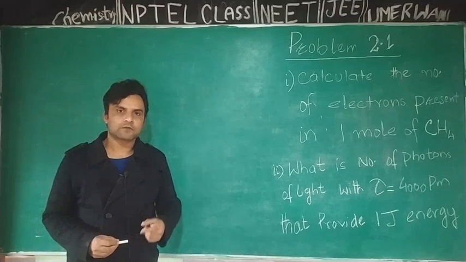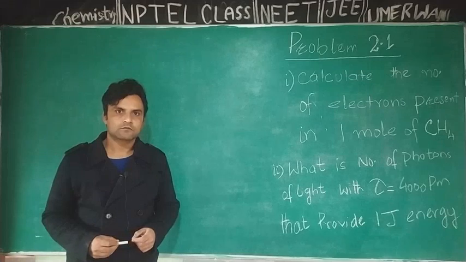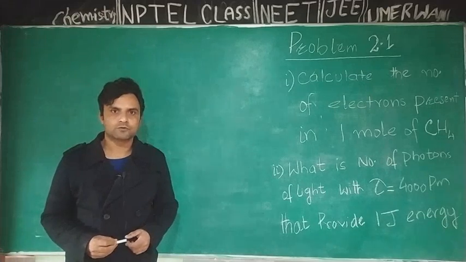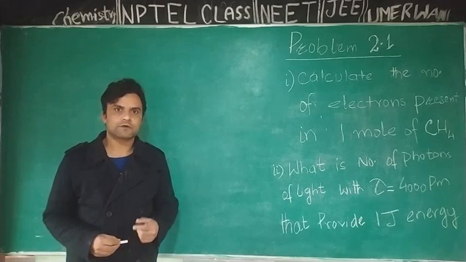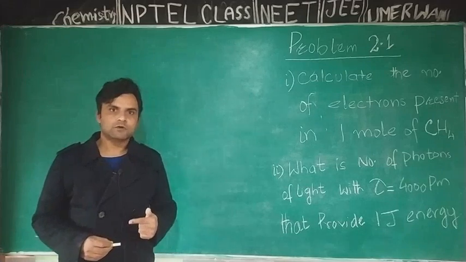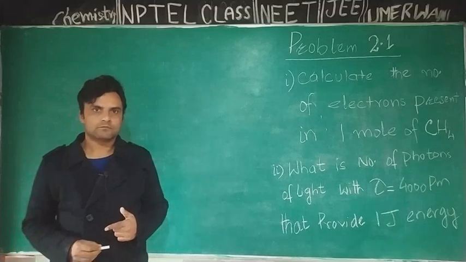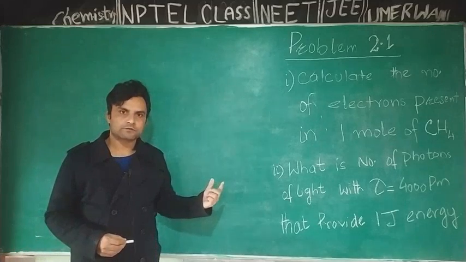And in case of light, instead of quantum we use photon, and energy of 1 photon is equal to h nu, but here h is Planck's constant, nu is frequency.